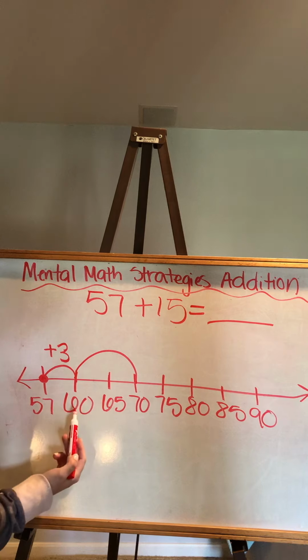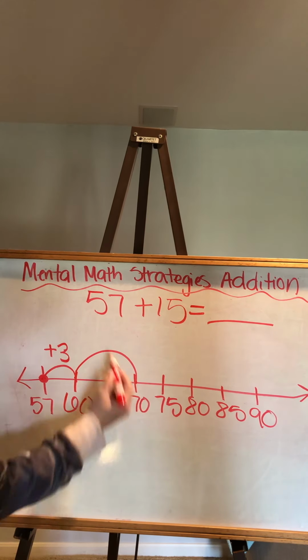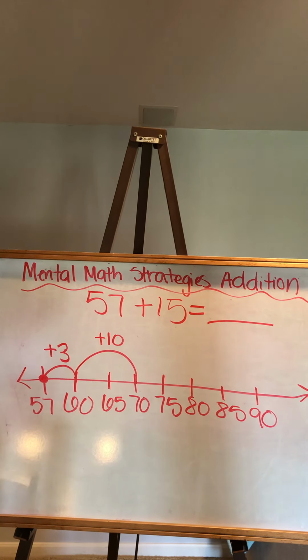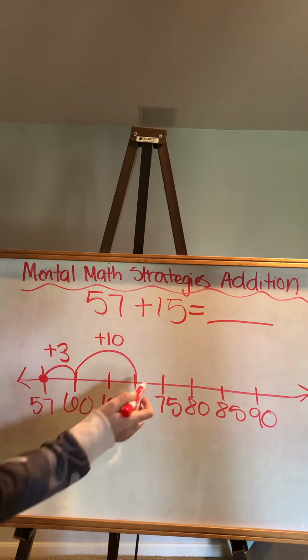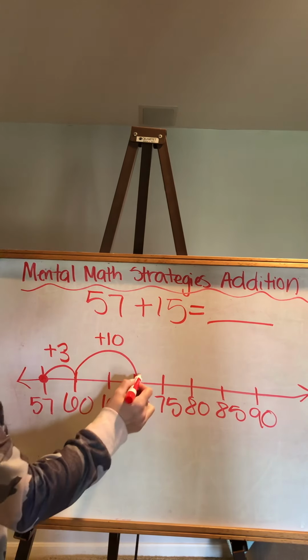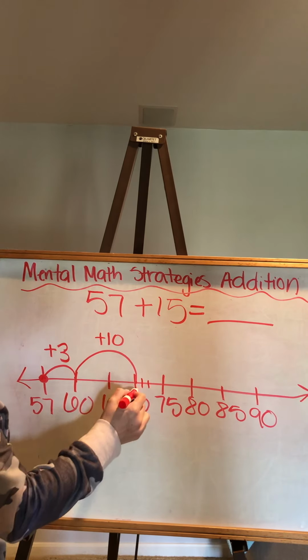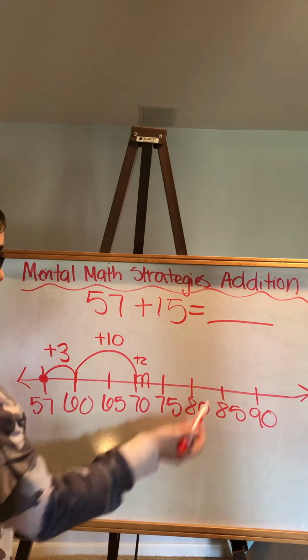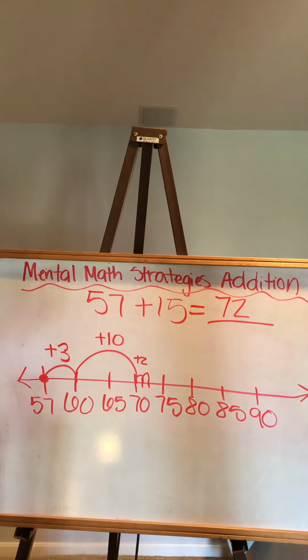How many did we jump from 60 to 70? 10. Now, 10 plus 3 is 13. So to get to 15, we only need to jump 2 more. So 2 more than 70: 1, 2, we jump plus 2, and we get 72, okay?